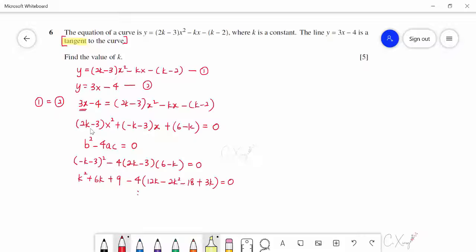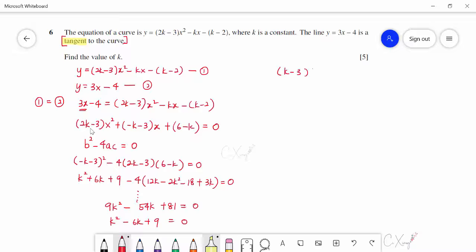Okay, if you didn't make any careless mistakes, you will get 9k squared minus 54k plus 81, which is equal to 0. And also you have k squared minus 6k plus 9, which is equal to 0 as well. So you factorize it.